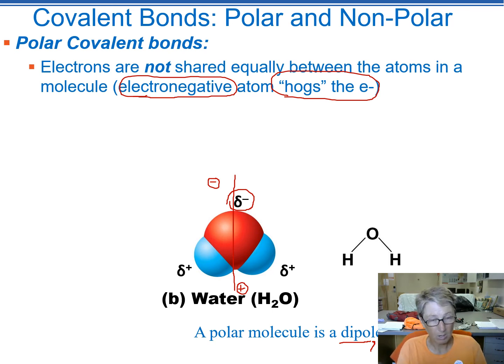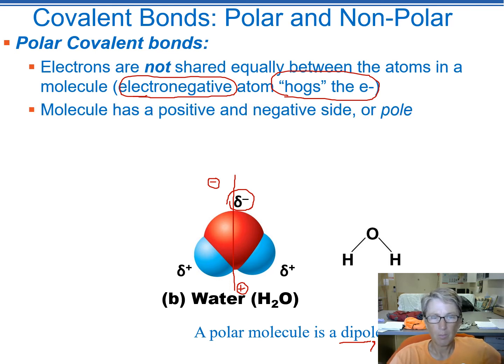You'll share your electrons, but most of the time, if someone wanted to find where the electron is in that water molecule, they'd look towards oxygen. So if you are in a polar covalent bond, you're sharing your electrons, but one atom will have a bigger share of that electron, and the other atom, in this case hydrogen, will have a lesser share of that electron time. And we said this, a molecule that has polar covalent bonds in it will have a positive pole and a negative pole.